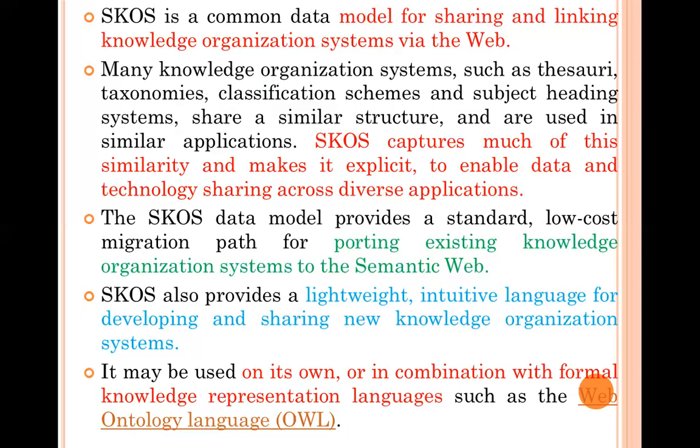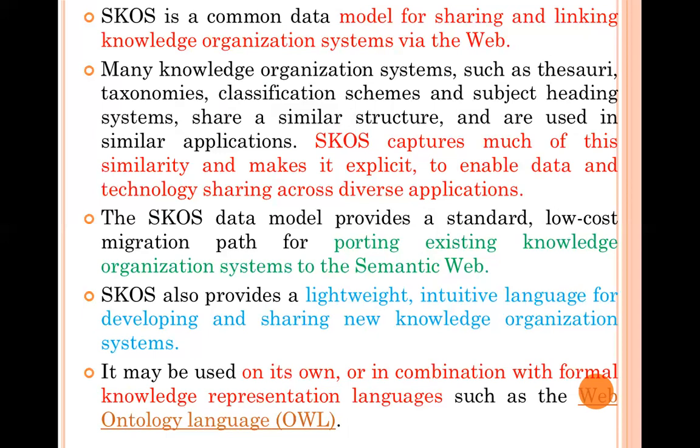And SKOS does three things. One is it provides a very standard and low cost migration path. Nowadays, without changing our numbers, we are switching over from one network to another, from BSNL to Jio to Airtel, in the same way.